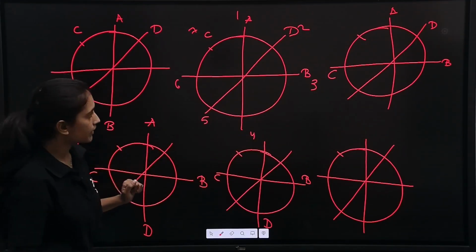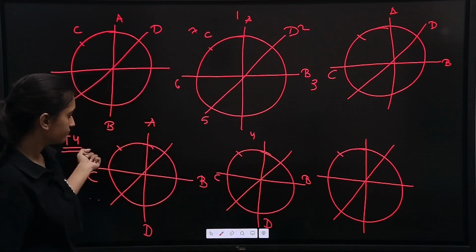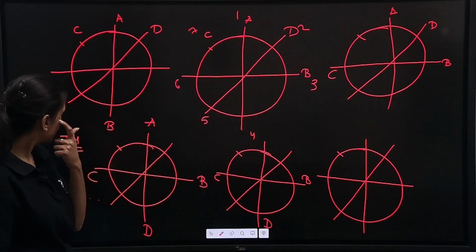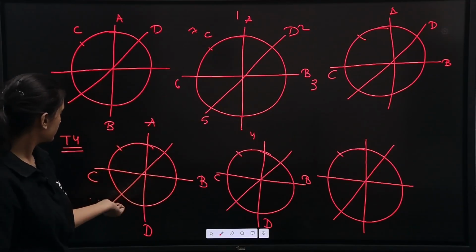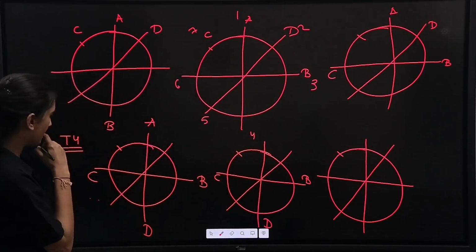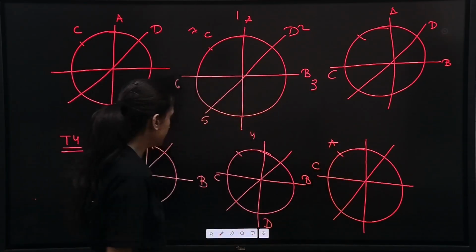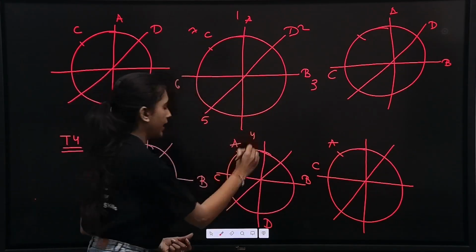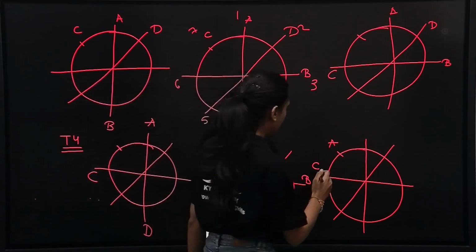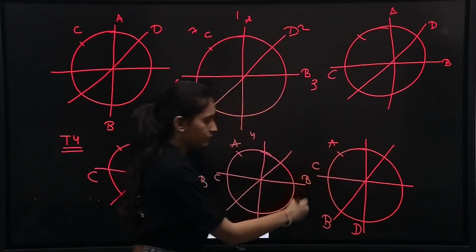So what can we do? For turn 5, A can be here, C is here, B is here, and D is here. Now in turn 6, C is already here, D is here, B can come here, and all will be adjacent.